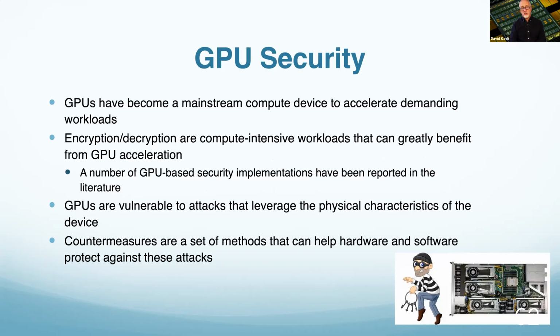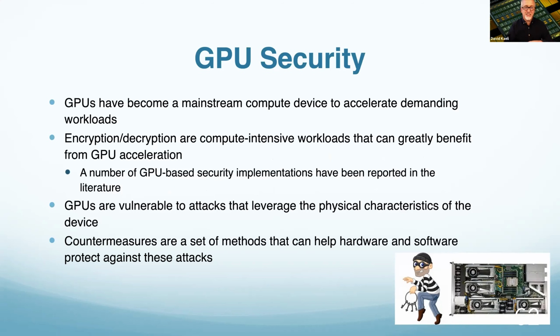So GPU security, we're actually starting to move more and more workload off of the CPU and onto the GPU. We already know the CPU has holes. We've had Spectre, Meltdown, all kinds of different classes of attacks. And so we need to consider encryption and decryption could benefit greatly.